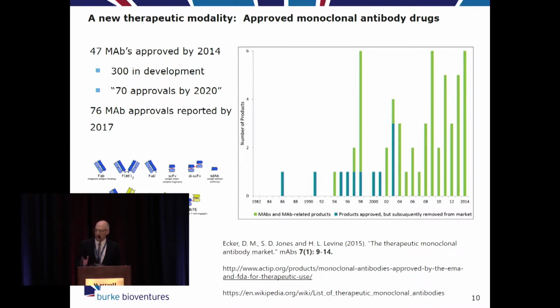And then the final decade, which is definitely the full blossoming, was the highlight of that particular review, which came out in 2015. There were 47 approved monoclonals at that point in time. There were 300 in development. And it was predicted in that paper there would be 70 by 2020. Well, if you fast forward to 2017, there are actually 76.